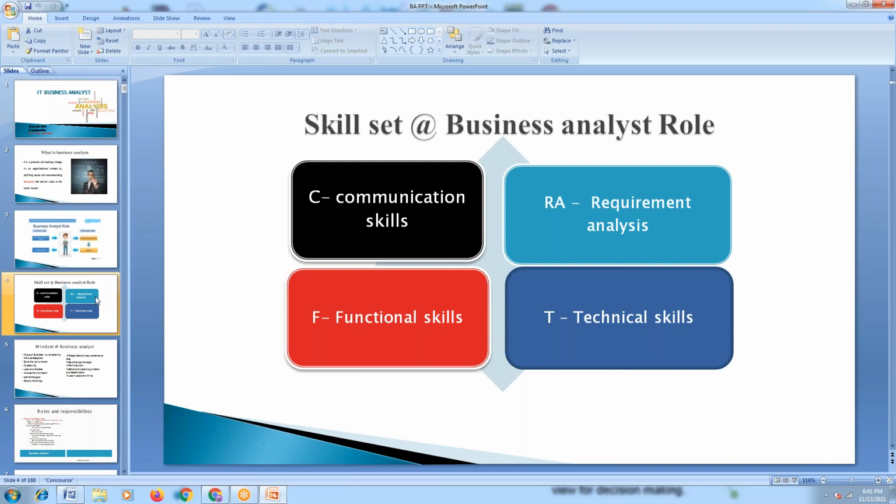This is what we call requirement analysis. If you are a business owner, your expectation level is different. If you are an employee working on the application, your expectation level will be of a different mode. So this is what requirement analysis stands for.